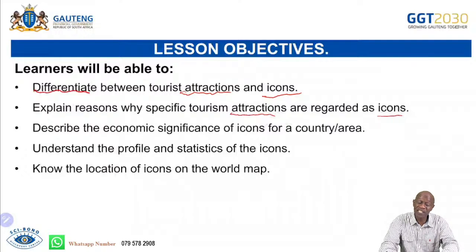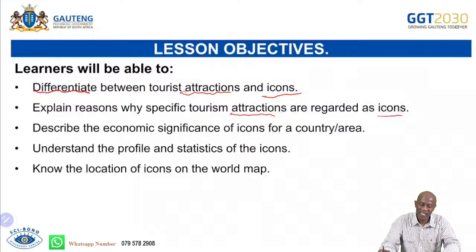One other objective is that you need to describe the economic significance or the economic importance of icons for a country or an area in which it is situated or located. You must also be able to understand the profile and statistics of the icons.